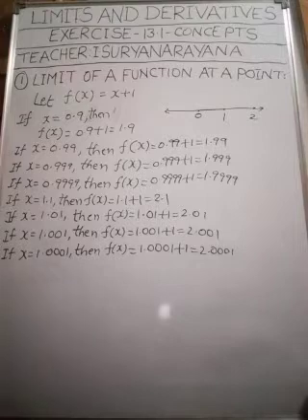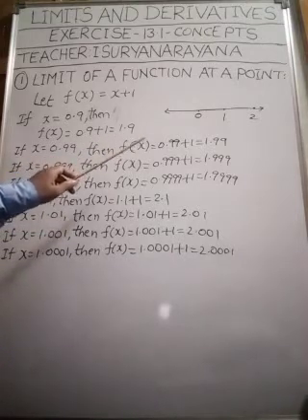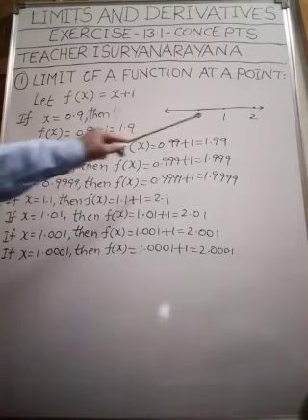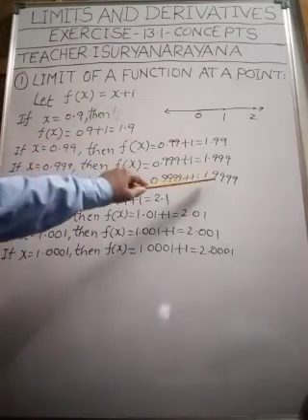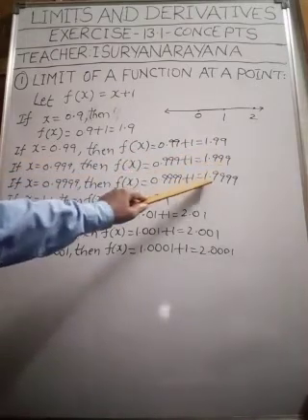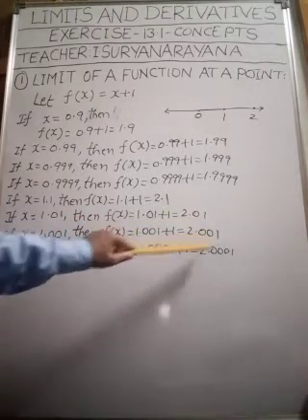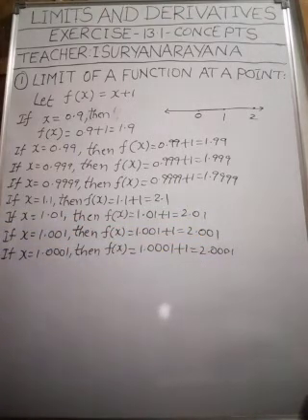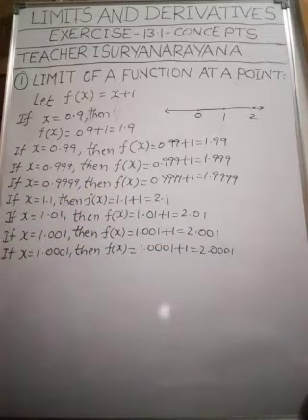So if you observe these values, when the values of x are very near to 1, the values of the function are 1.9, 1.99, 1.999, 1.9999, 2.1, 2.01, 2.001. For which real number are the values of f of x approaching? Yes, 2.